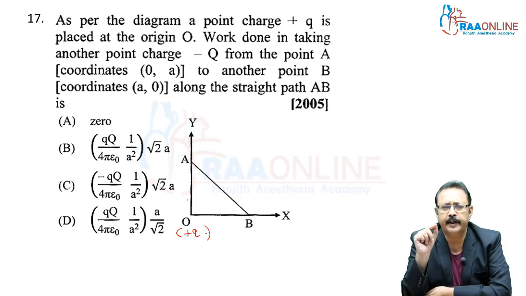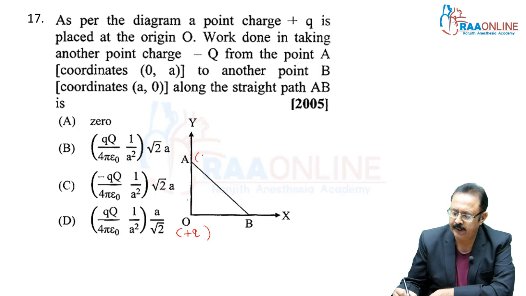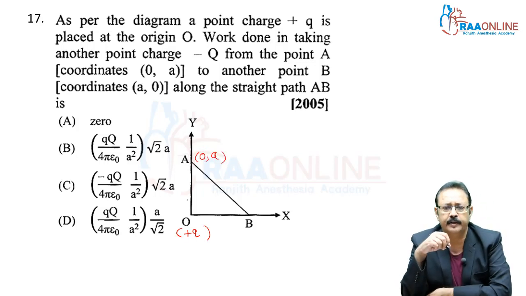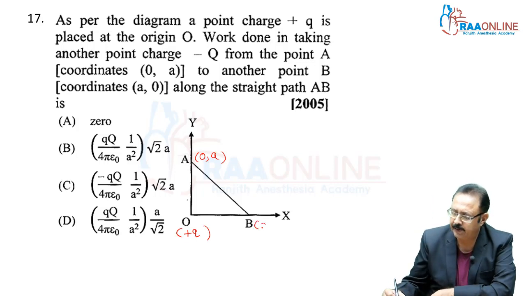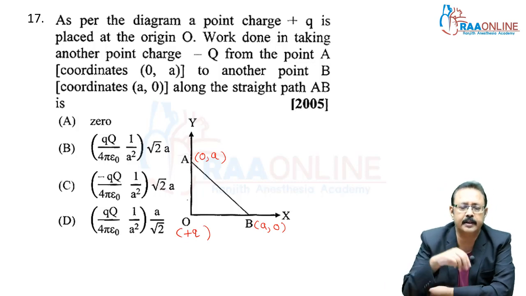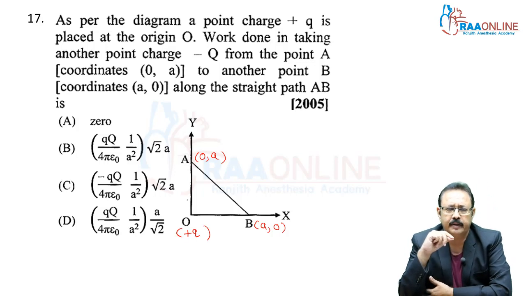Work done in taking another point charge minus Q from the point A, whose coordinates are given on the y-axis at a distance from the origin, to another point B, whose coordinates are given on the x-axis at a distance from O, along the straight path AB.